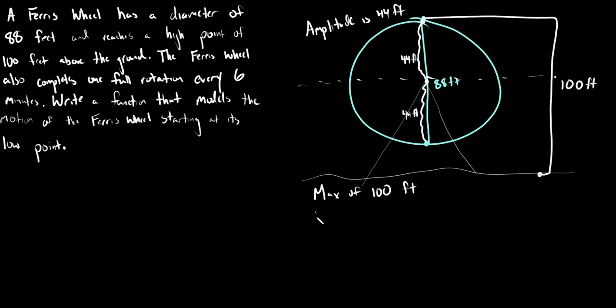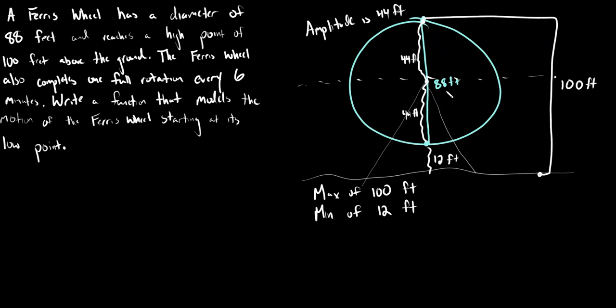What I don't know is what the minimum is. Okay, but I can quickly figure that out. If I think about this, well, this total distance here is 88 feet, and the full distance is 100 feet, which tells us this little distance here must be 12 feet. So the minimum is 12 feet. Okay, that's from 12 to 100 is 88 feet, and that's the diameter of our Ferris wheel.